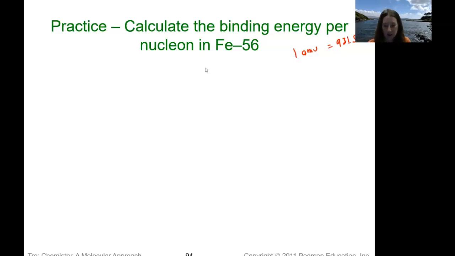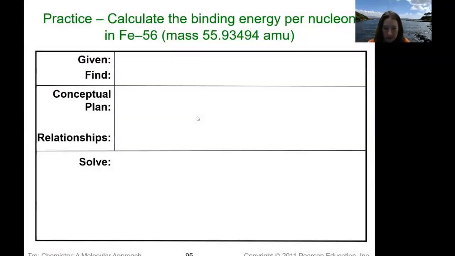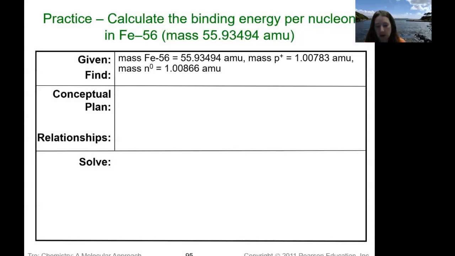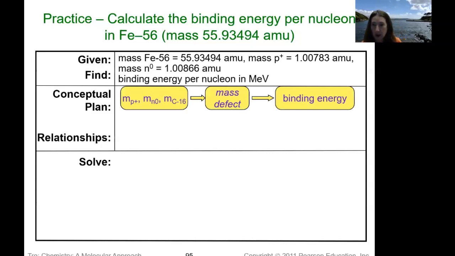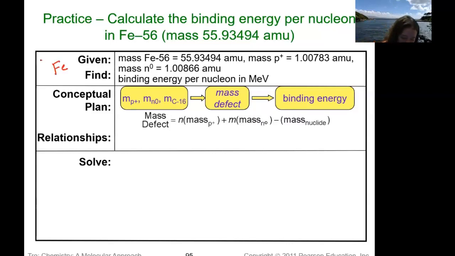Okay, so let's go over this one. We've got the mass of our protons, neutrons, and the mass of our isotope. Then we need to add them and find the difference, the mass defect. Again, it's Fe-56, iron, 26.